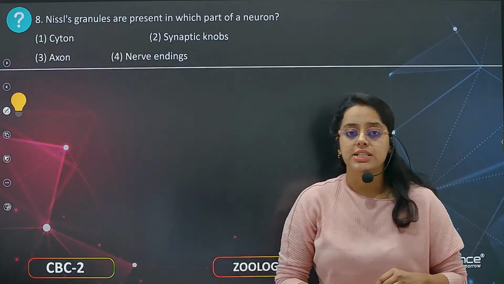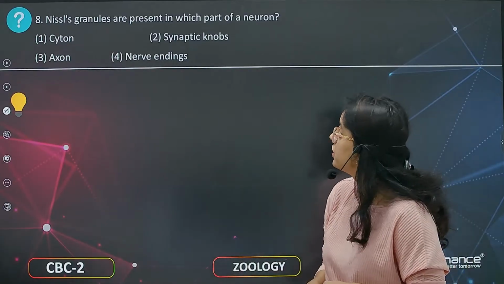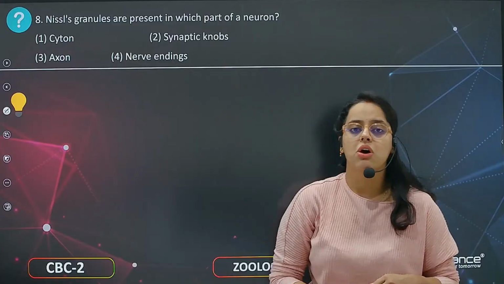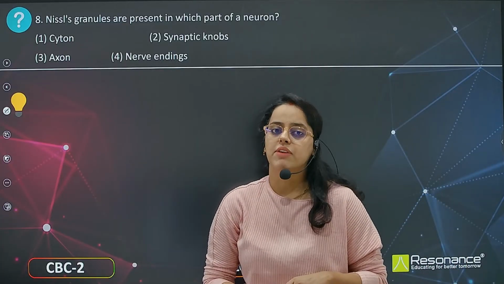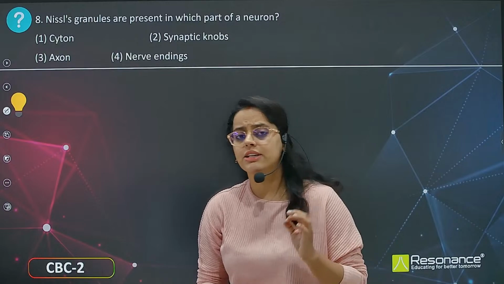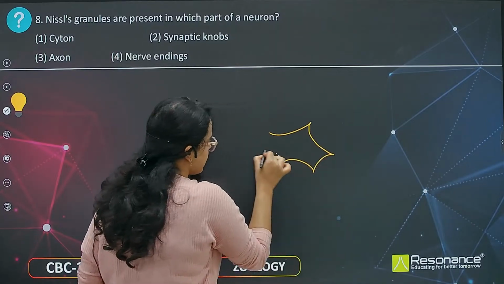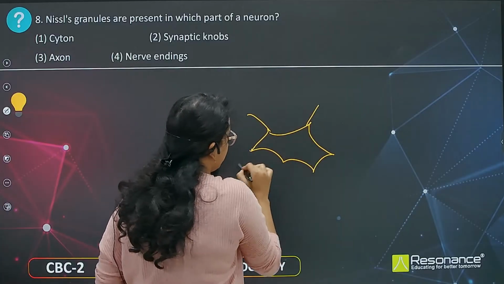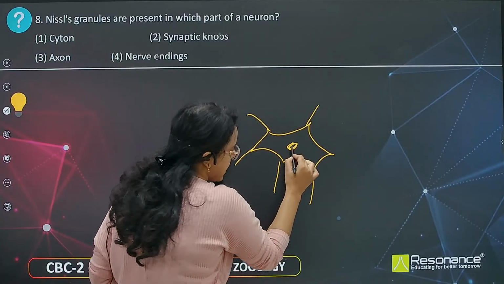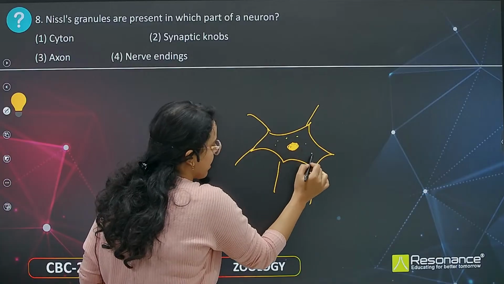Now coming to the question: Nissl granules are present in which part of the neurons? Cyton, axon, synaptic knob or nerve endings? Nissl granules are present in the cytoplasm. We haven't discussed this in the theory part, so let me tell you. This is the cell body. It consists of a nucleus and has small granules.